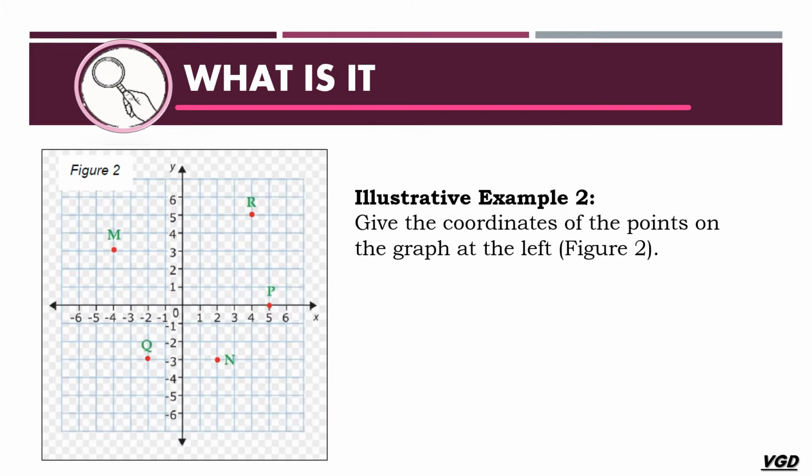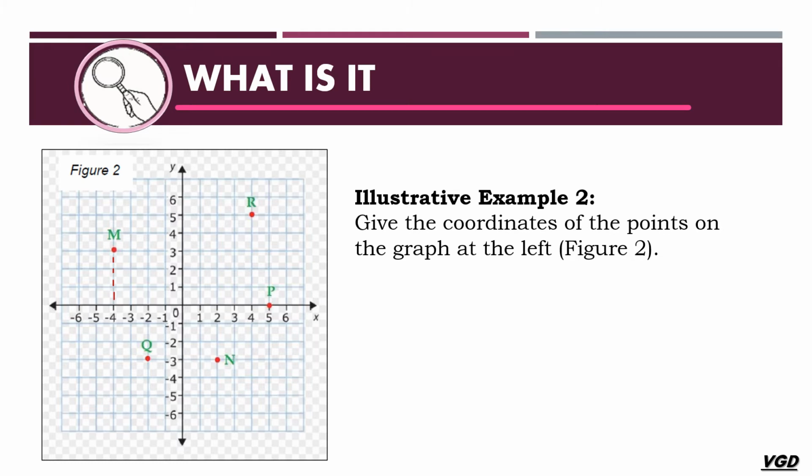So how to know the coordinates of the points? All we have to do is just look at where the point lies. Let's have here the x-axis. We just have to create an imaginary line from the x-axis so that we can identify the x value. It lies on -4.